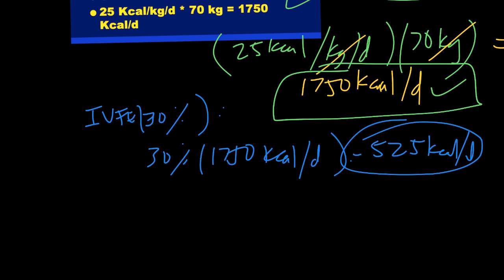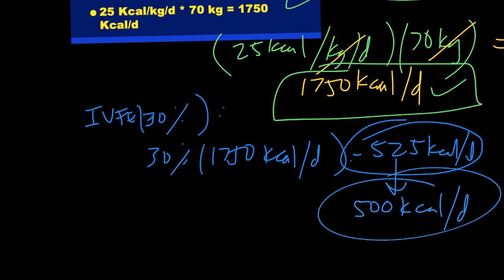Well, that's why she got that. You already know that your total energy requirement, you can't go above that. So she rounded down the lipids to 500. It just makes the math easier.